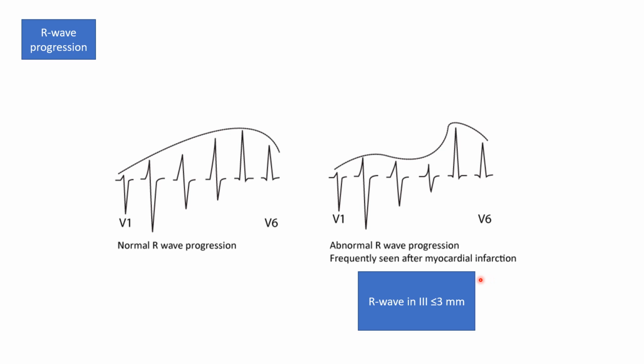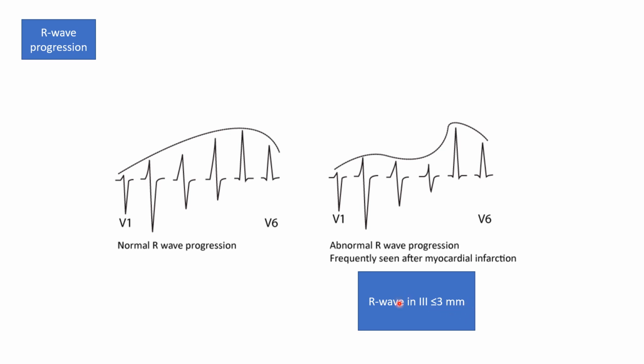One definition of what poor R wave progression is, again, this is an absolute criterion. Like the STEMI criteria, I think the absolutes are problematic because if there's low voltage or you place the leads a little bit differently, then it's not below 3 millimeters.